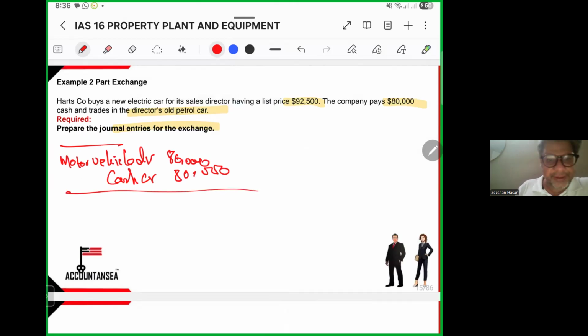Okay, this is the cash payment for the new car. However, the cash cost of the new car must be grossed up for the trade-in value of the old car. That is the disposal proceeds.